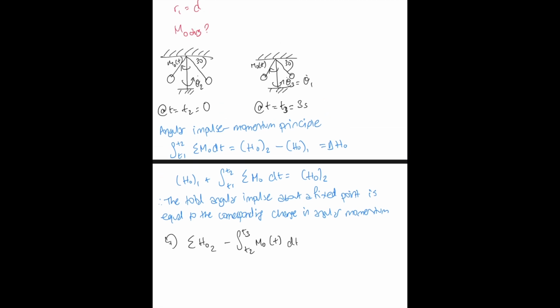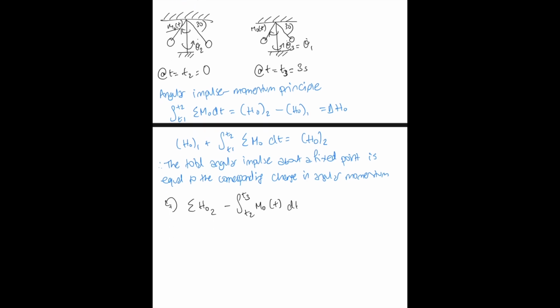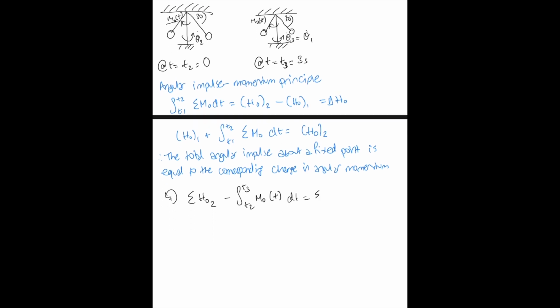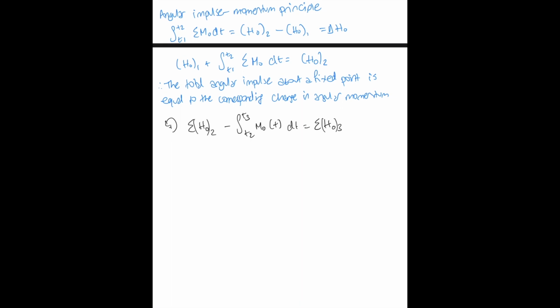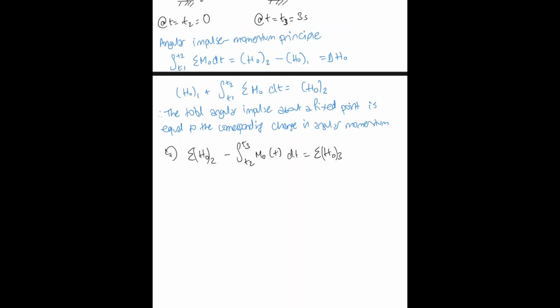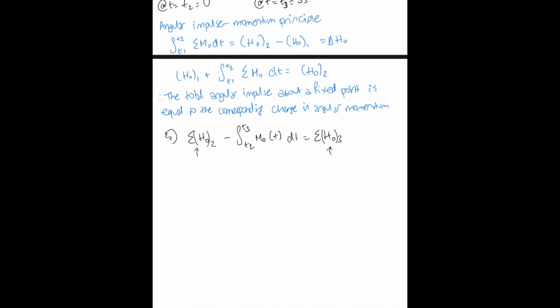Here it's negative because we're assuming that our moment here is in the opposite direction. It's going to be equal to angular momentum in time 3. And then we're going to substitute in with our h02 and h03.